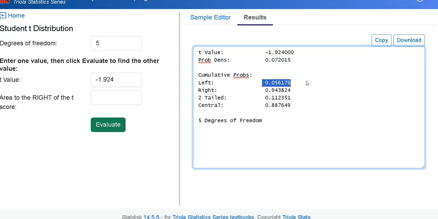The area in the left tail is going to be 0.056, just like it was in the previous problem, ironically. So our p-value is 0.056. So kind of the same as it was for the last one, once you round it to the nearest thousandth.